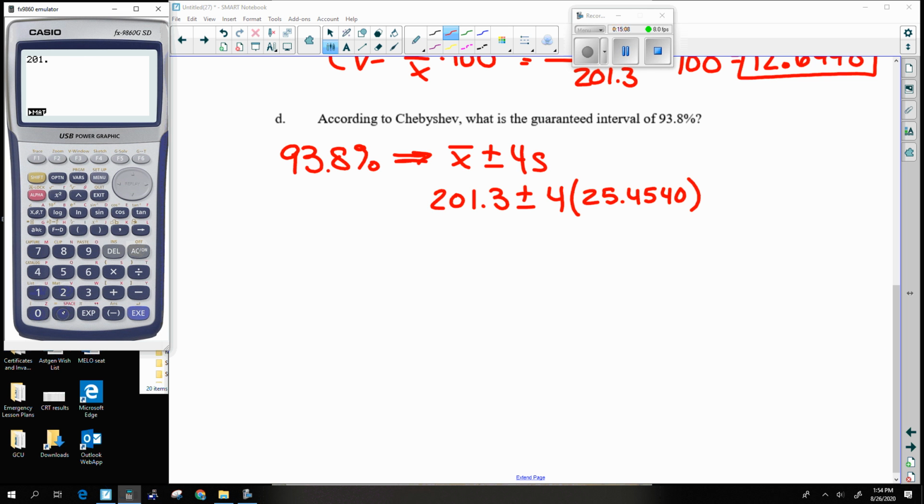So this is 201.3 minus 4 standard deviations. The minus puts me down to 99.4840. That was the minus answer, and then the plus answer is 201.3 plus 4 standard deviations. That puts me up to 303.